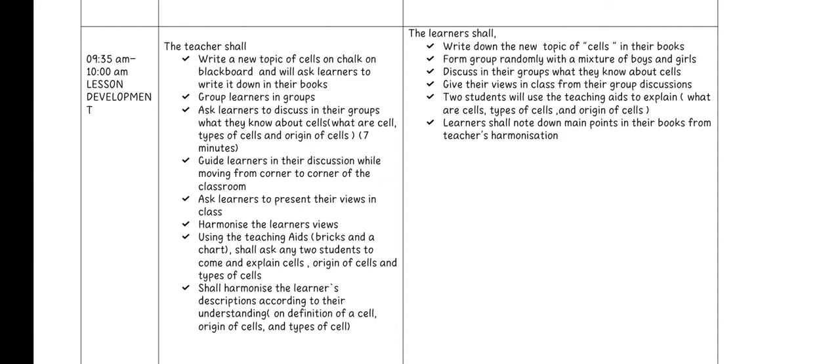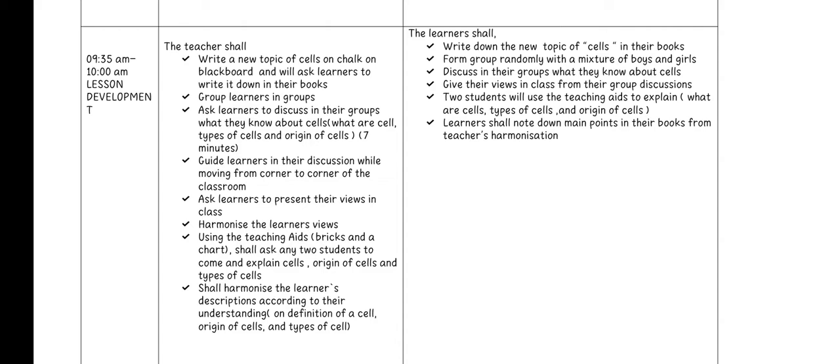They will discuss in their groups what they understand by the term cells and give their views. After that, the teacher shall harmonize their discussions from different groups, and the learners will write down the main points in their books from the teacher's harmonization.